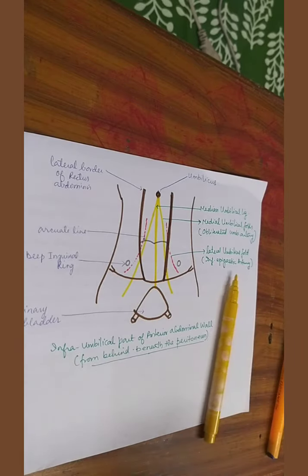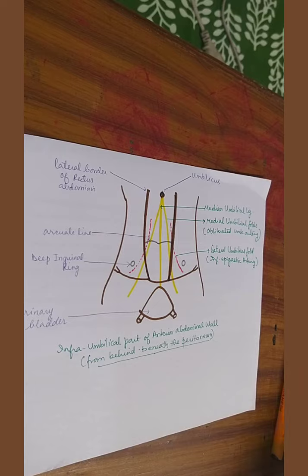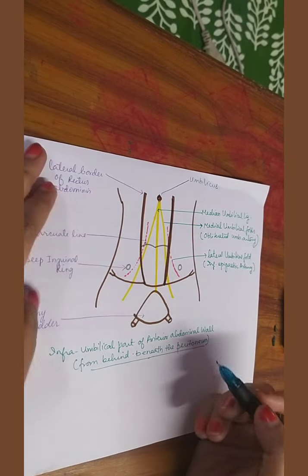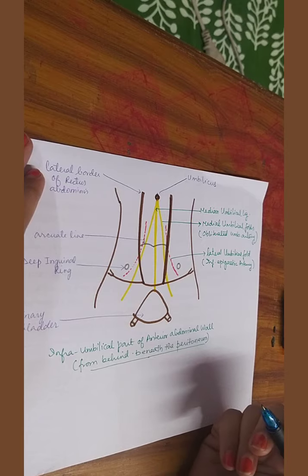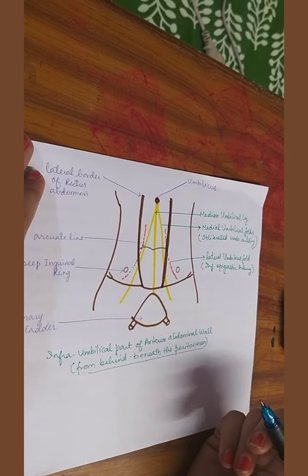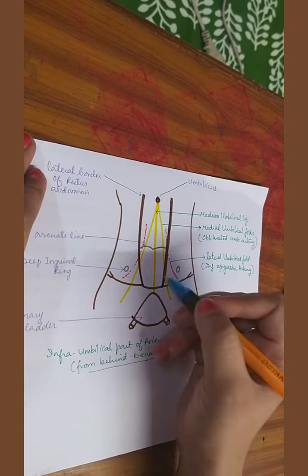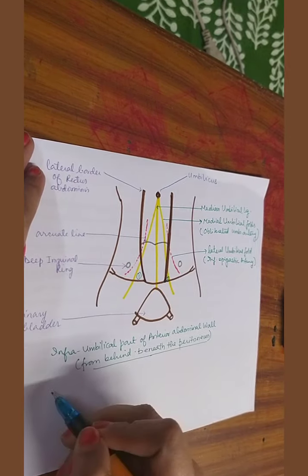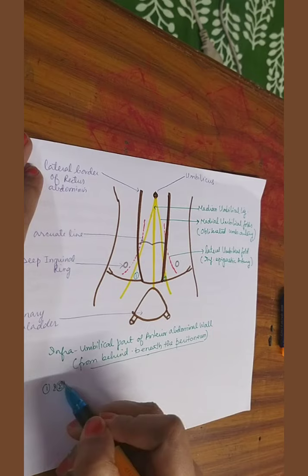Now between and around these folds that we just discussed, the peritoneum gets divided into 6 fossae or depressions. There are a pair of supravesical fossae, 1 and 2.